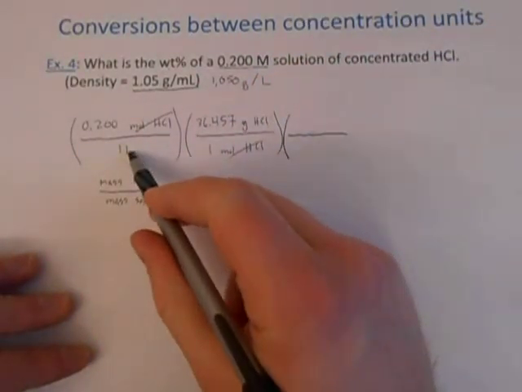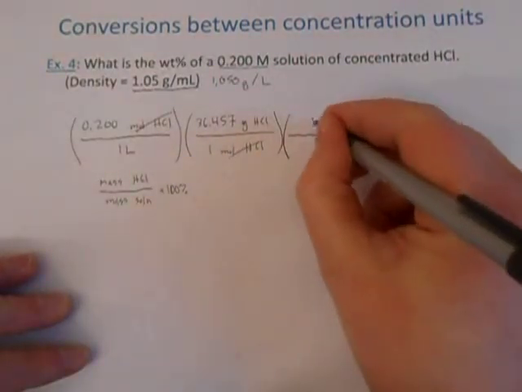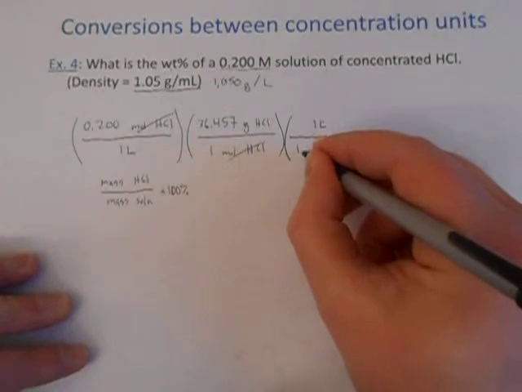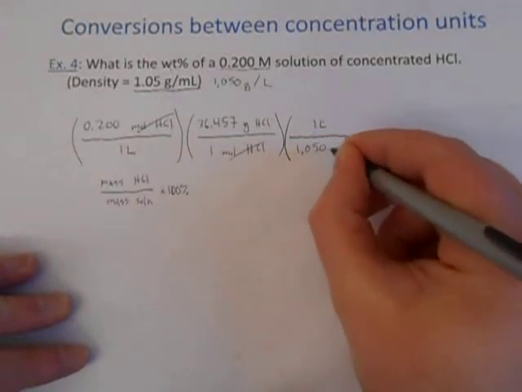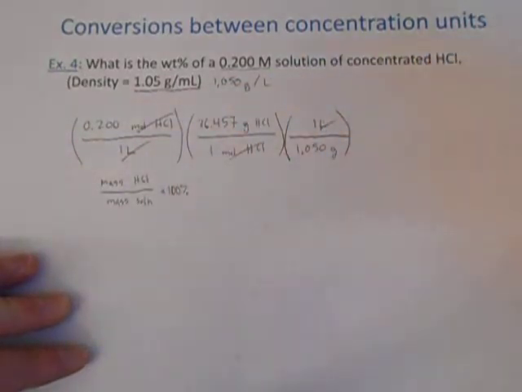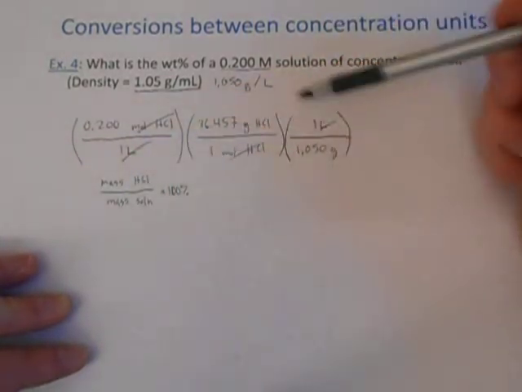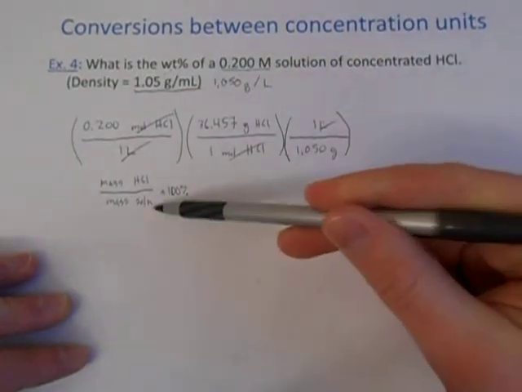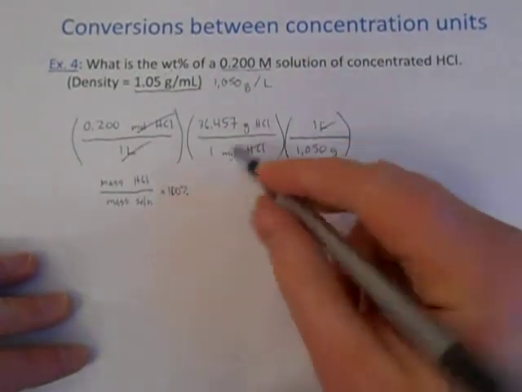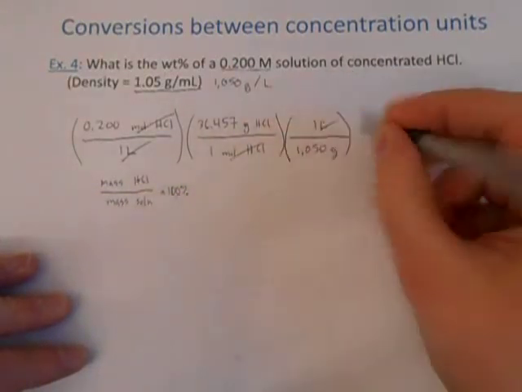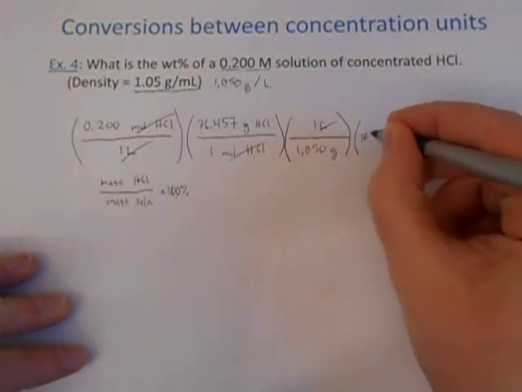And we want to get the liters to cancel out, so we'll put the 1 liter in the numerator to cancel, and the 1,050 grams in the denominator. So our liters cancel, and we're left with mass HCl per mass of solution, also in grams. So we have this component, and then to get it as a mass percent, we'll just multiply that by 100.